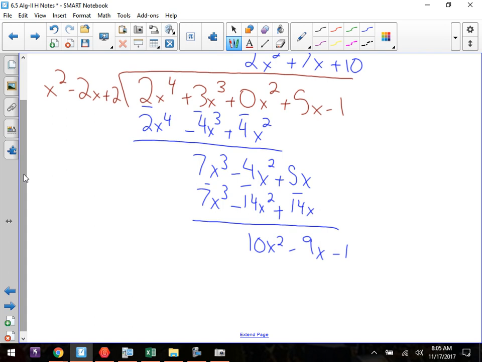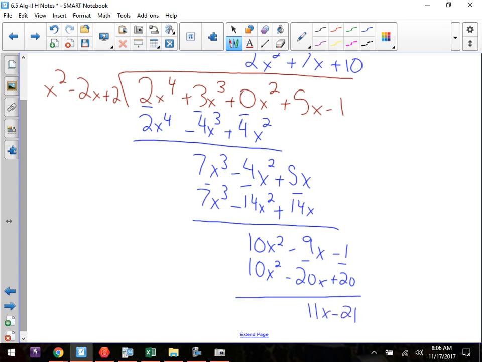We get 10x squared minus 20x plus 20. And what do we get? 11x minus 21.